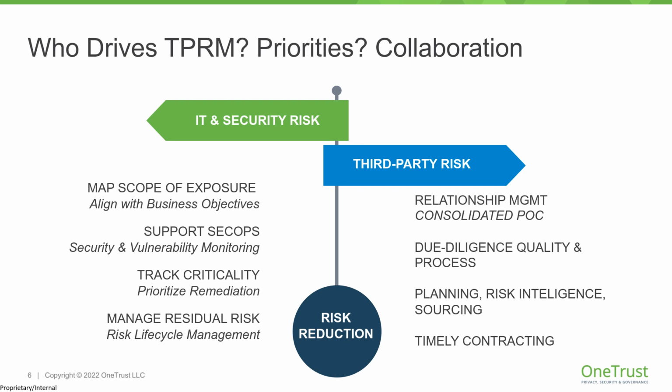There's a good amount of overlap between that and the functions of the third-party risk team. Third-party risk team owns the relationship to evaluate the risk factors across two or multiple parties. Due diligence is critical in order to ensure a tried and true procurement practice for any vendor onboarding, evaluation, and action. Planning, collecting, and disseminating risk intelligence across market sources, as well as from vendors directly.